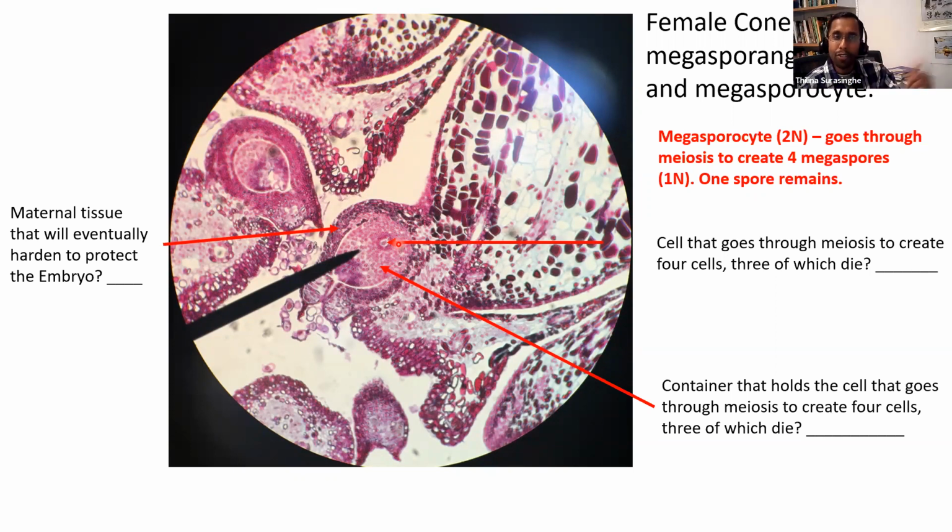Before meiosis, it is megasporocyte, because think about it, it is producing megaspores, so megaspores should come from megasporocyte, right?